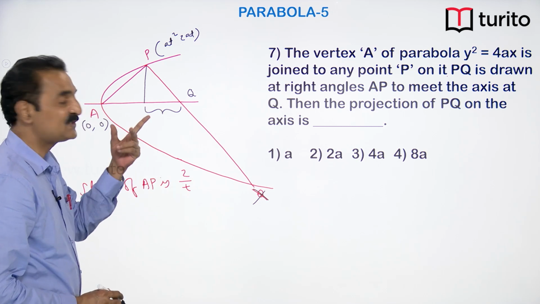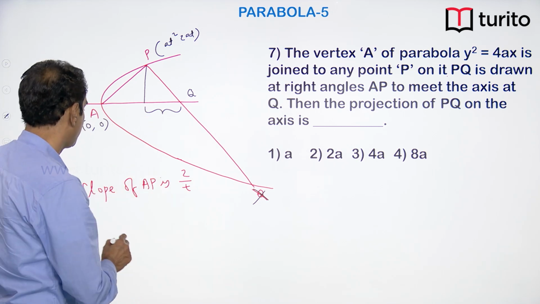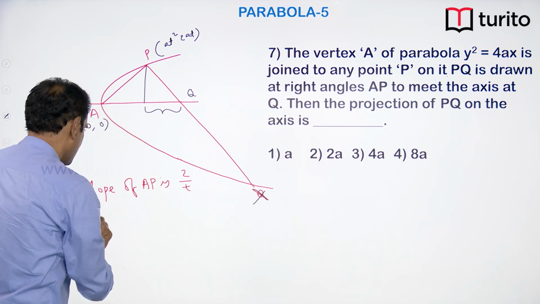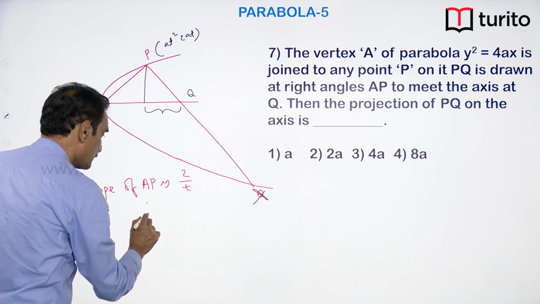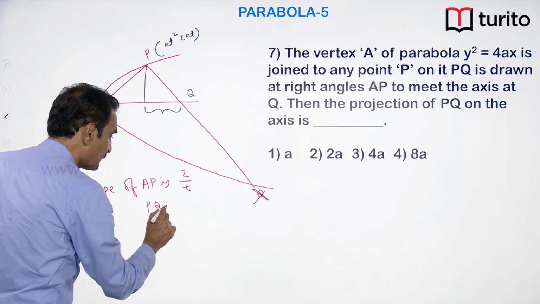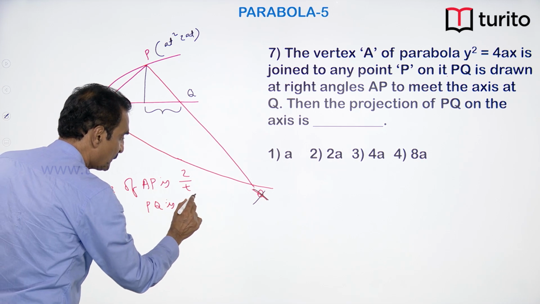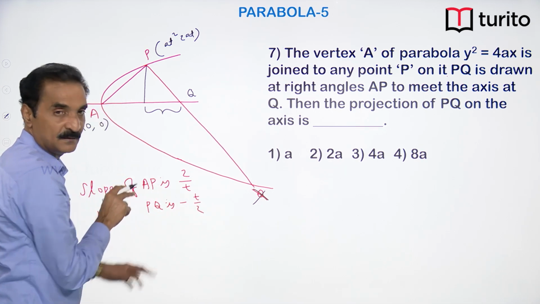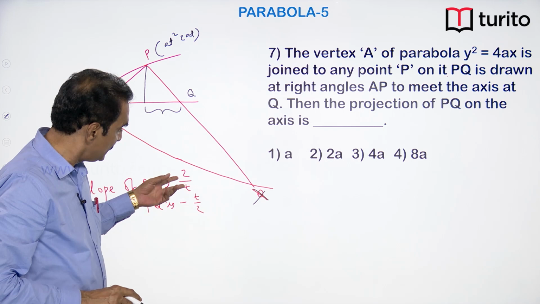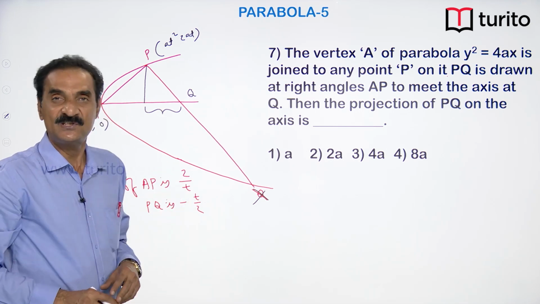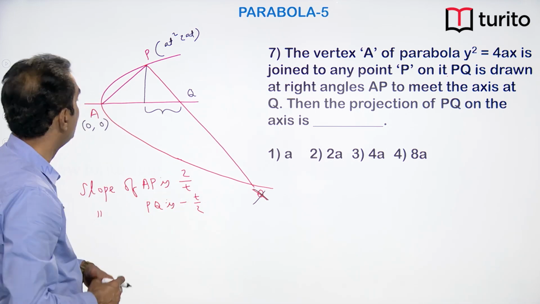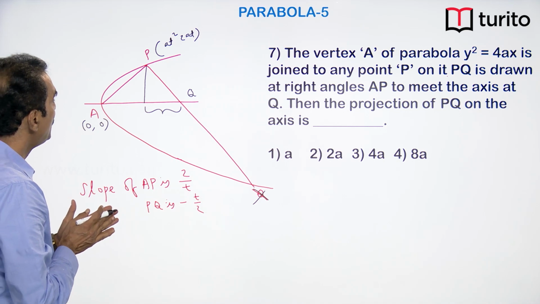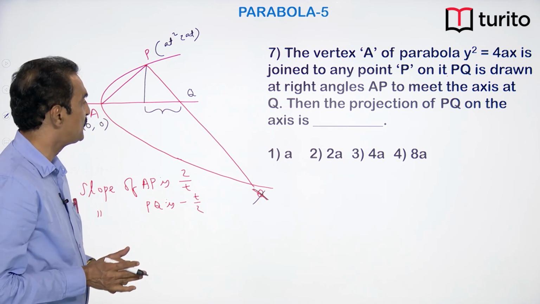It will be minus T by 2. Slope of PQ. If the slope is 2 by T, the slope of the perpendicular line will be minus T by 2. Okay. Now, what do you want? Projection.